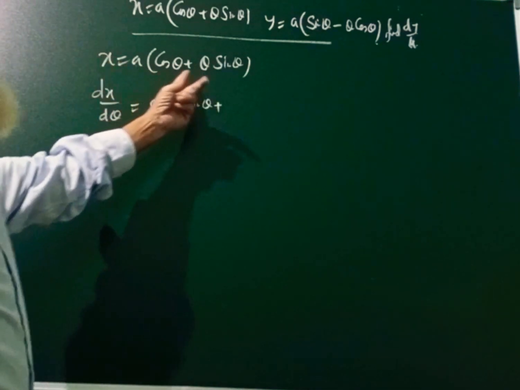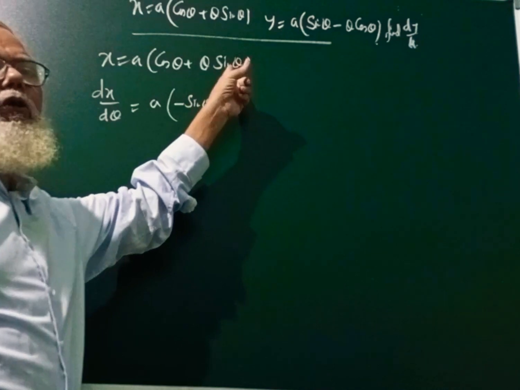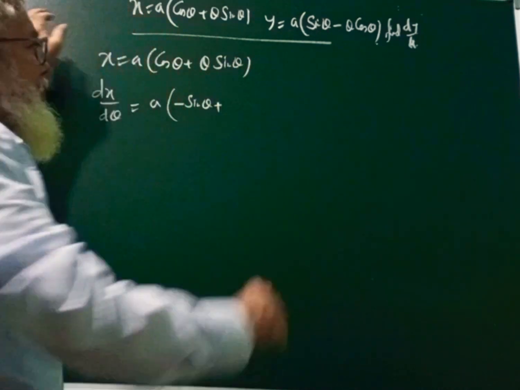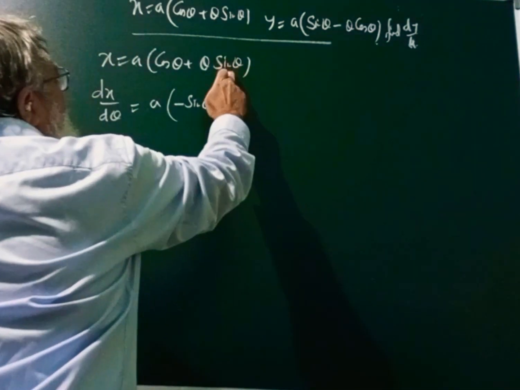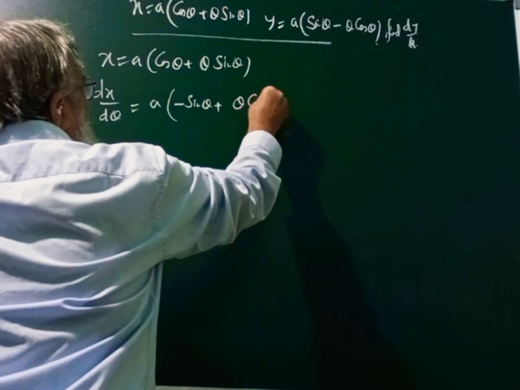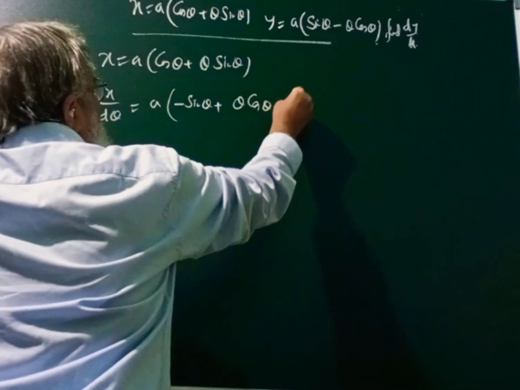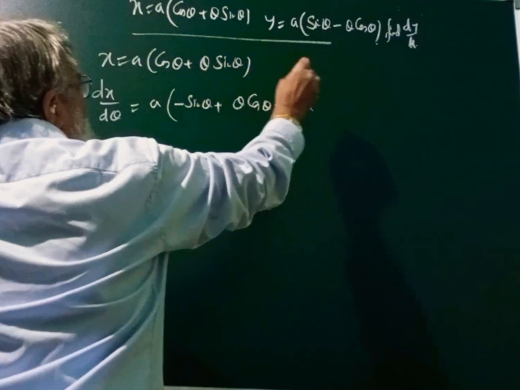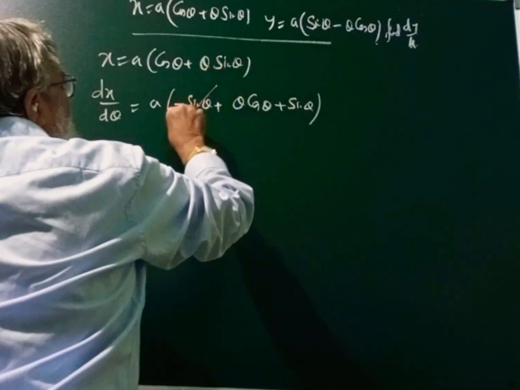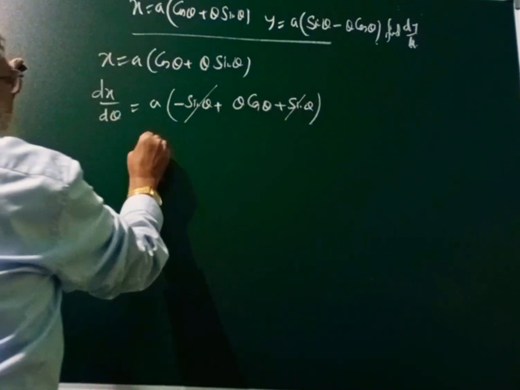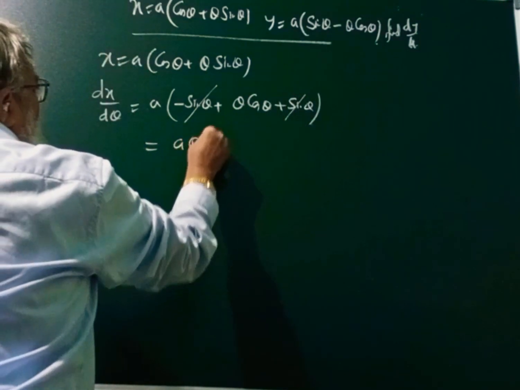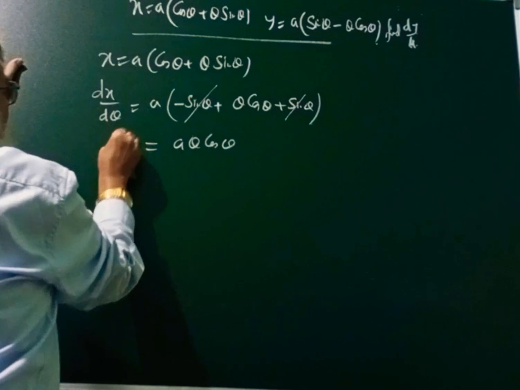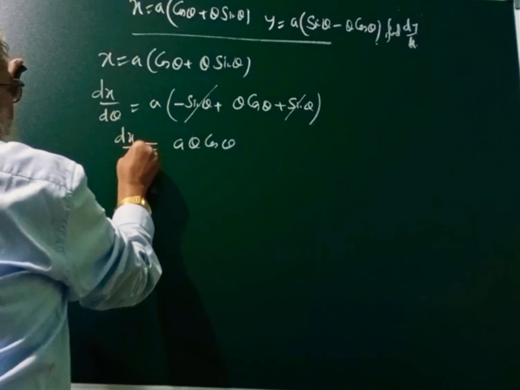To differentiate theta sin theta, we have to apply the product rule. First function as it is, differentiation of sin theta is cos theta, plus sin theta as it is, differentiation of theta with respect to theta is 1. So now you can see these two terms get cancelled. We get a theta cos theta, that is the value of dx by d theta.